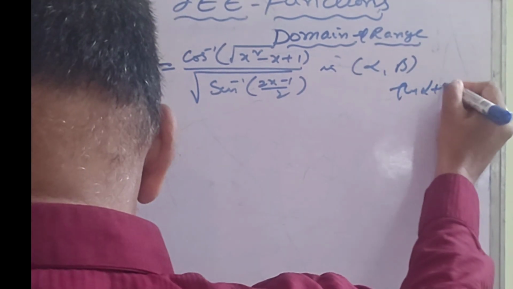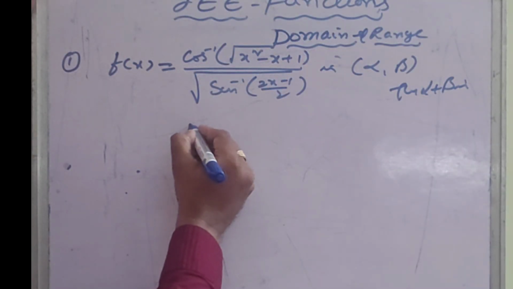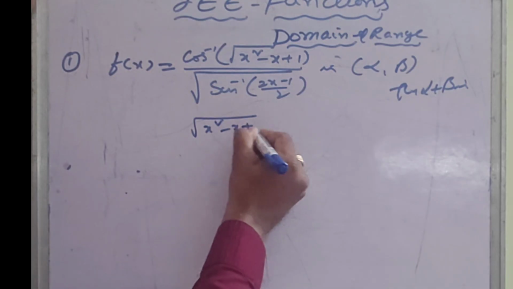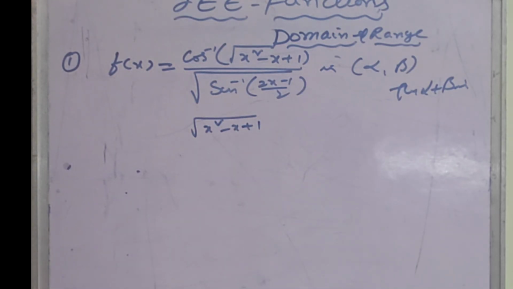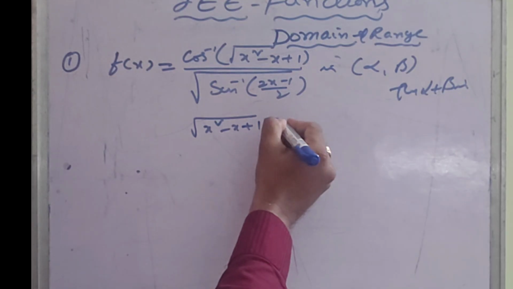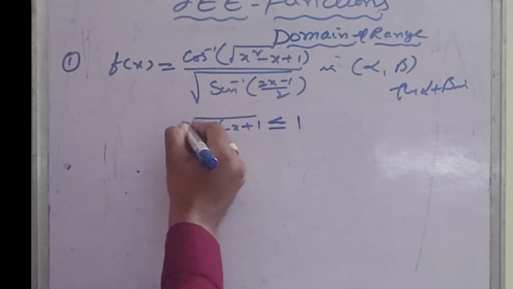Then alpha plus beta is? Here the numerator is cos inverse of root over (x² - x + 1), so it is defined as cos inverse, so the range of the domain is -1 to 1.